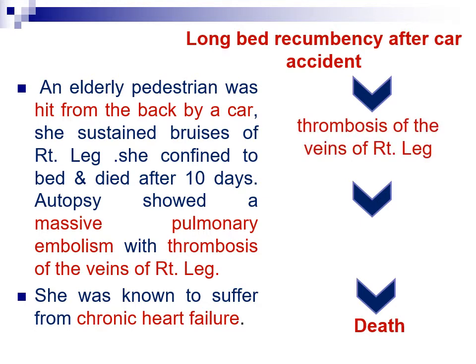A detached thrombus from it impacted in the pulmonary blood vessels, causing pulmonary embolism, which is the last event before death, the immediate cause of death. But here we mentioned that the patient suffered from chronic heart failure. Chronic heart failure is not the immediate cause of death, but it contributed to it.